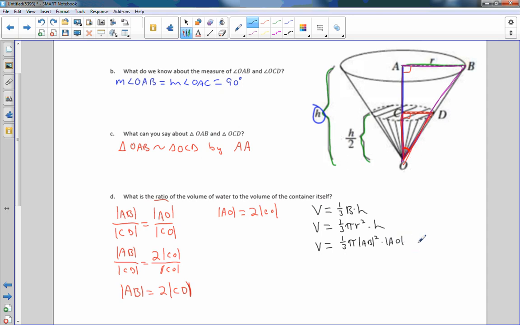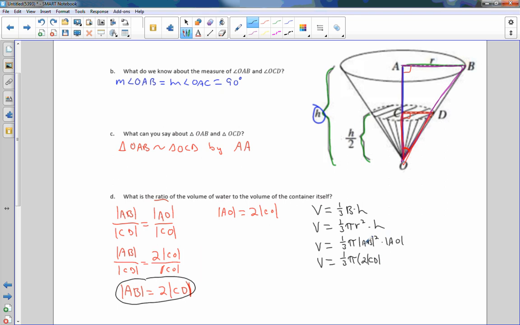Okay, and then by substituting AB with 2 CD, like we know that AB is to 2 CD right here, now we can replace that. Then we now have the volume equals 1/3 pi. Now we're replacing AB with 2 CD.